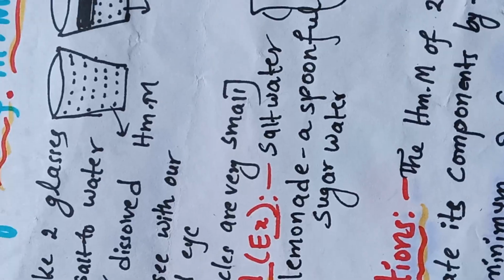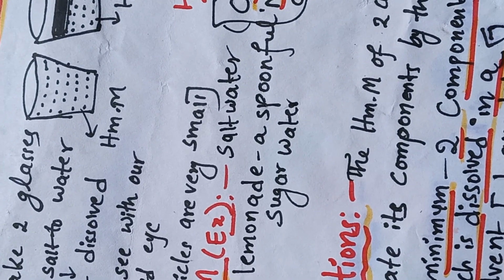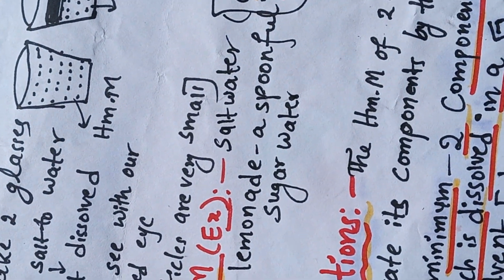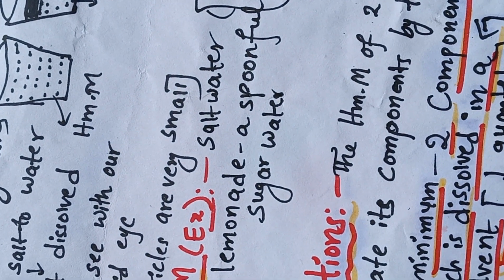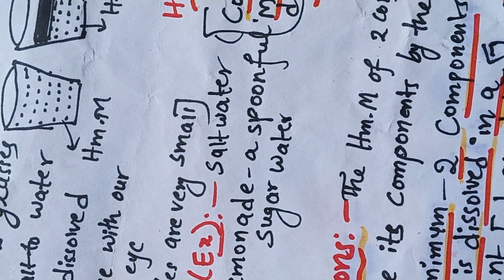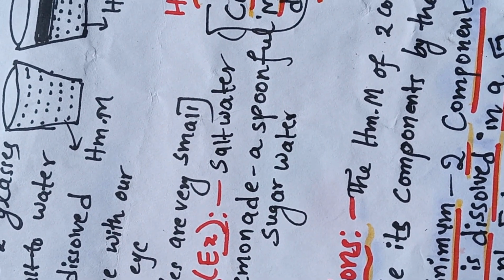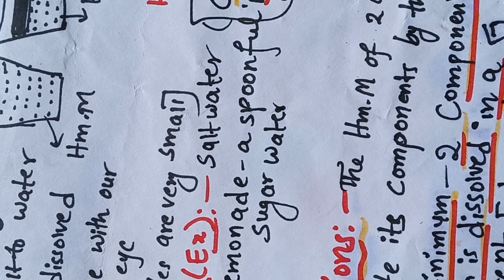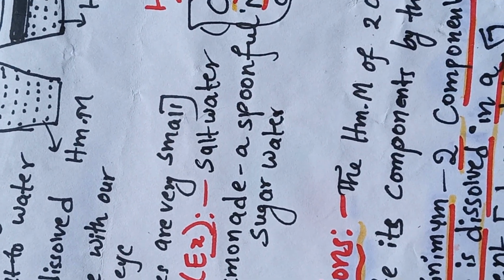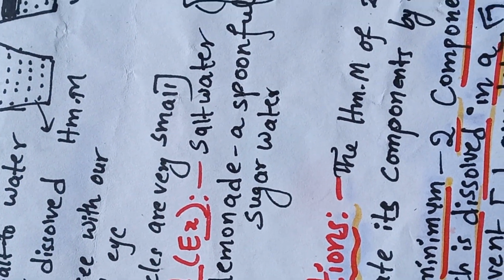Examples of homogeneous mixtures: salt water, lemonade. Lemonade we can prepare from a lemon. We can squeeze a lemon into a glass and add some salt and sugar to it. Then the salt and sugar will be dissolved in it and we cannot see both the sugar and salt.